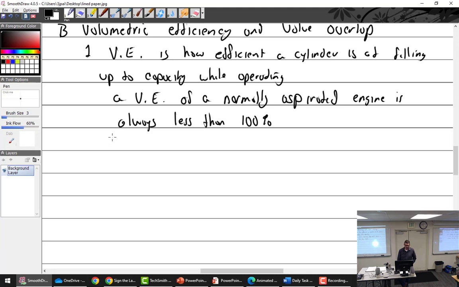The slower you move the engine, the higher the efficiency would be because the piston is moving slower. Air has more time to go in there, but as you increase RPM, you're going to lose some of your volumetric efficiency. Except, that is true what I said, except it's completely false because while it's moving slower, you could allow more air in.